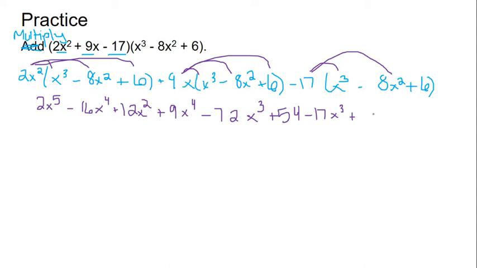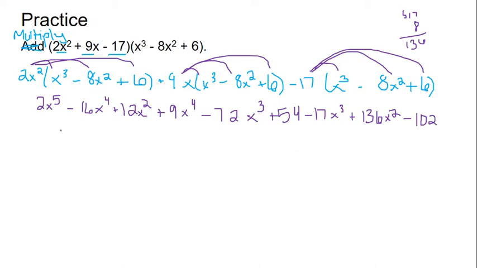Remember, if you need to use a calculator, you can, or you can always do it out by hand if you remember this. 7 times 8 gives you a 56, so you got your 6, carry up your 5, 8 times 1 plus 5 is 8 plus 5 gives us a 13, so that's a 136x squared, and then 17 times 6, negative 17 times 6, so we get a negative, and then 17 times 6 gives us a 102.